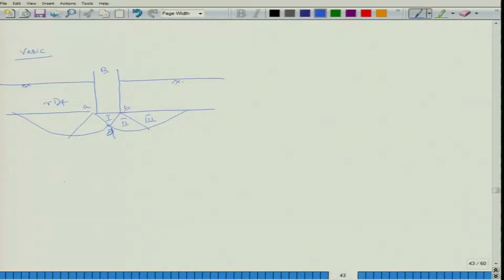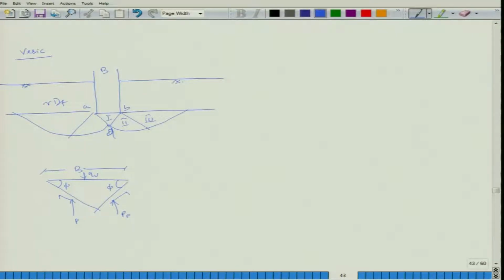If I come to zone 1 in Terzaghi's, if you look here, this is your width B and this is your qu, and this is your phi, this is your phi, then here it is c a, then there is a Pp on both the sides.